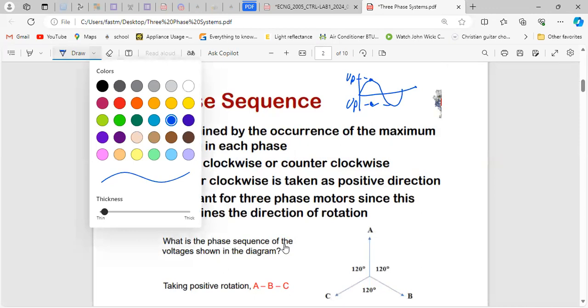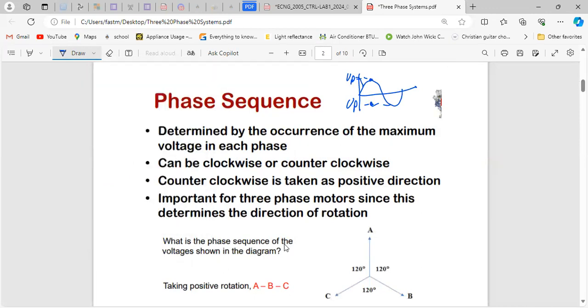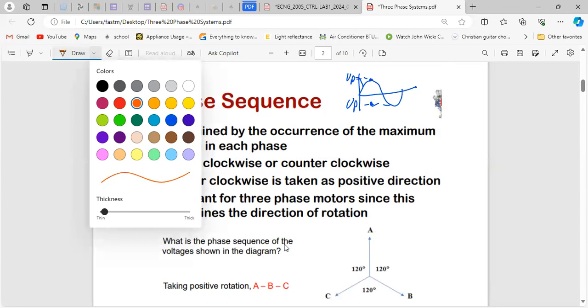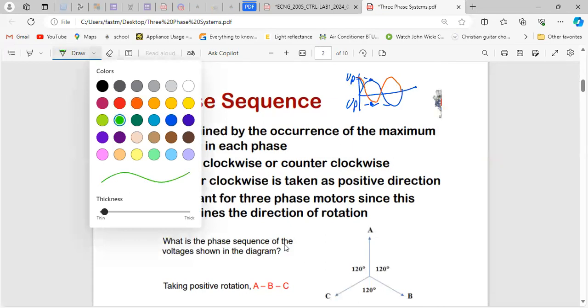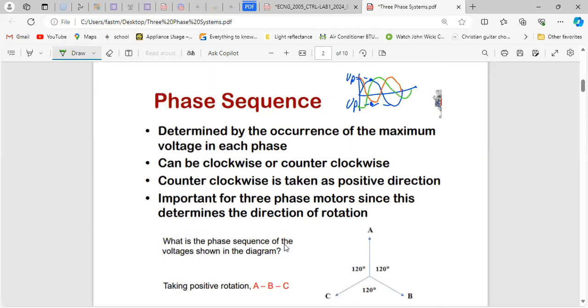So if there is one phase, another phase might come like this, not drawn to scale, it's a sketch, and then another phase will start. All three phases have the same peaks, assuming it's a balanced system. If it's unbalanced, obviously one phase might be loaded more than the others, so the peaks will be different. But for the normal questions you will get, the load will be the same on each phase, so the peak voltage will be the same. It's a balanced system.